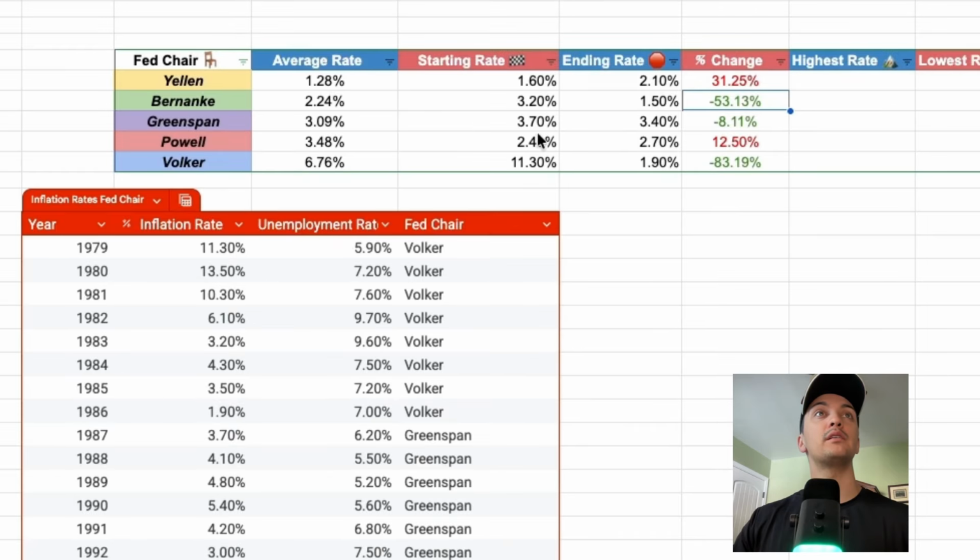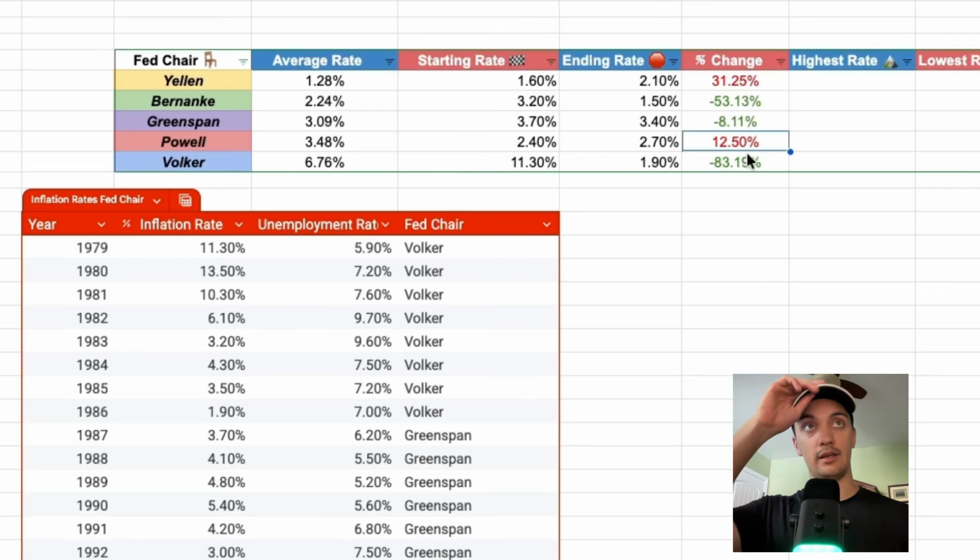And then Greenspan started at 3.7, ended at 3.4, an 8% decrease. Jerome Powell starting at 2.4% and ending at 2.7%, a 12.5% increase. And then Volcker starting at 11.3, going all the way down to 1.9, an 83% decrease. He brought inflation down 83% there. So very interesting to see that.